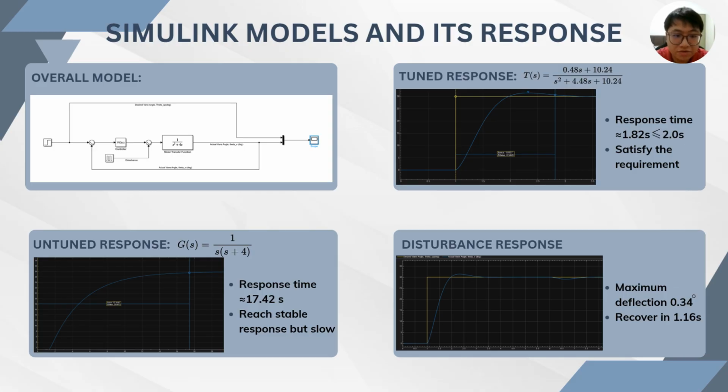Finally, a pulse generator applies a 0.5 second disturbance at 6 seconds. The disturbance is subtracted between the controller and the plant to represent a temporary resisting load on the vane. The vane deflects by only 0.34 degrees and returns to the set point approximately 1.16 seconds after the disturbance ends.